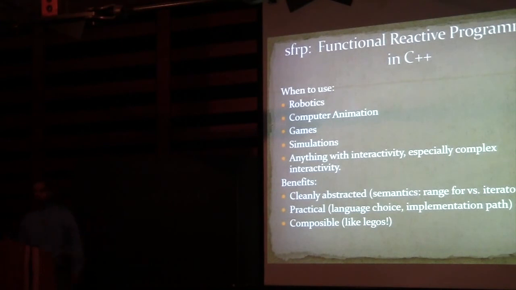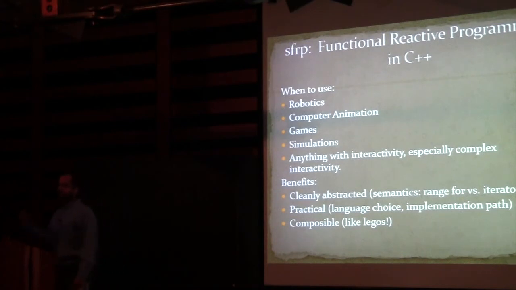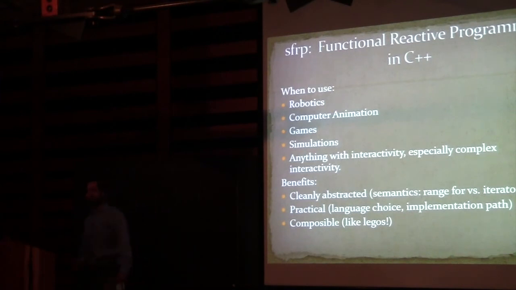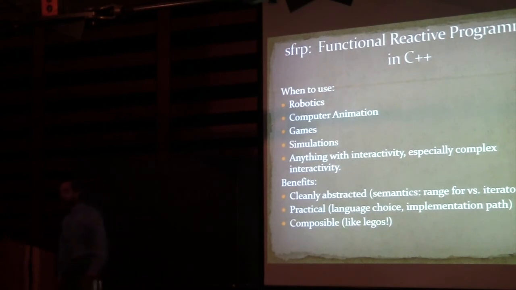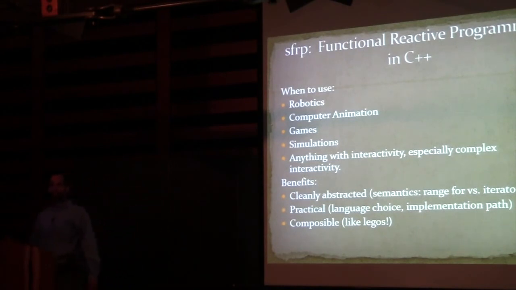So the benefits of using this. We have an old way of doing this. Why would we want to use SFRP? Cleanly abstracted. We got the right semantic domain. We got the right mental model. It makes so many things possible. This is practical, right? If I tell you there's a fantastic Haskell library that you can use for doing this kind of stuff, most people in this room would just be like, forget it, because that's just not practical.